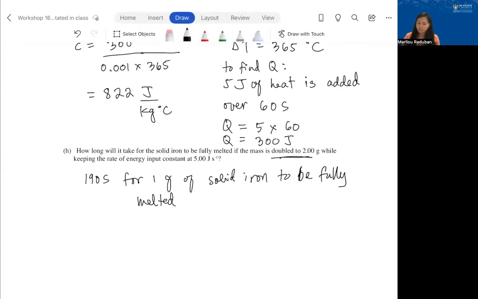What do you think? You can think about this logically. Yes, I can see there an answer that says double.